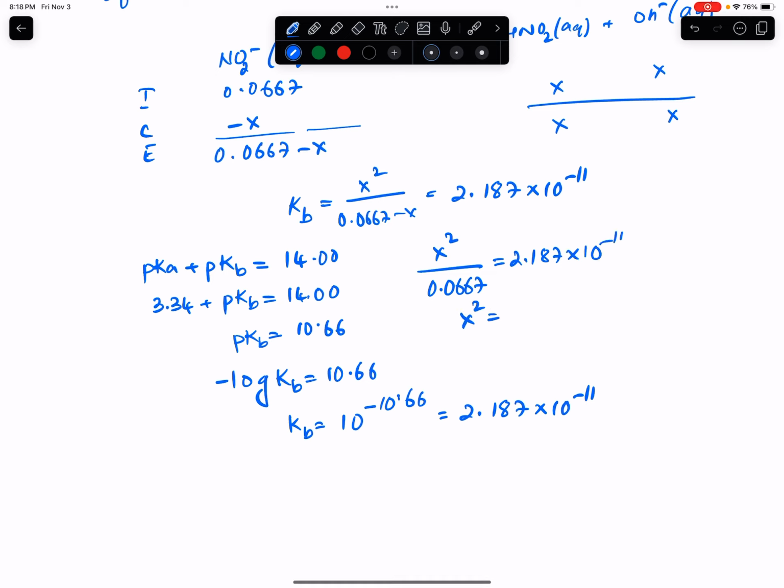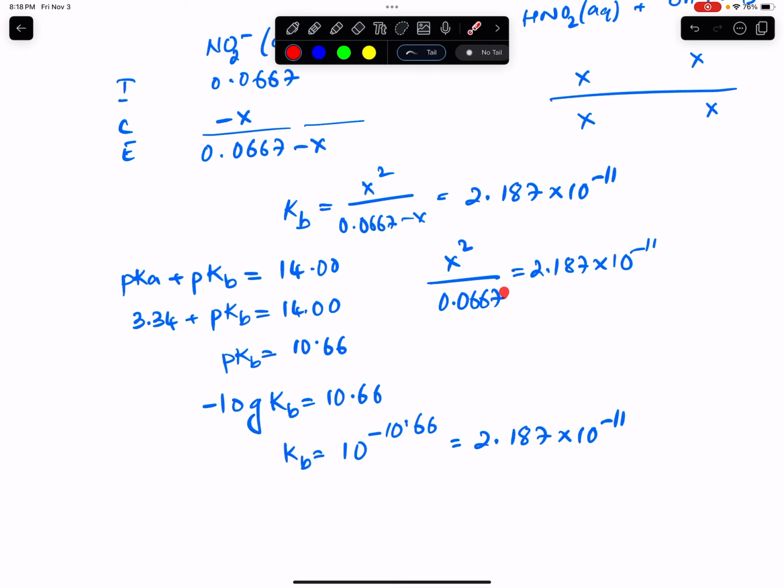Then x squared is equal to, we multiply those terms out and then solve for x. Essentially we take this term, multiply it with this term, and then take the square root of that product. So we get x is equal to 1.207 times 10 to the negative 6 molar.